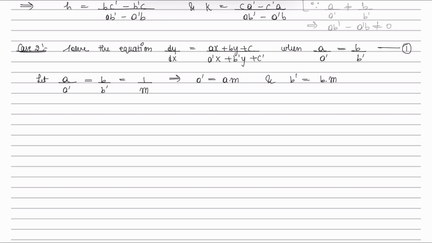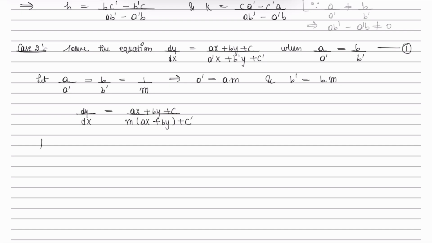Now equation number 1 will become dy by dx is equal to (ax plus by plus c) whole divided by (m into (ax plus by) plus c dash).